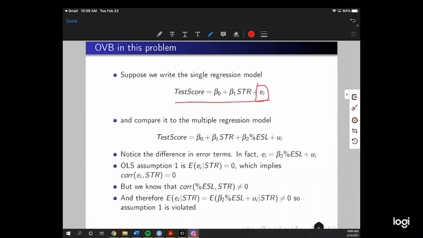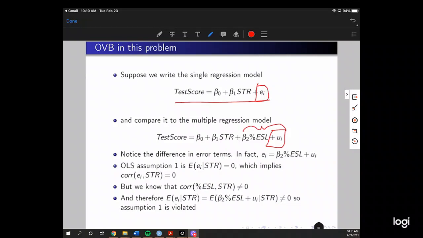And compare it to the multiple regression model. This is again the population multiple regression model, and now the error term is u_i. Notice the difference in error terms. In fact, e_i can be written as this entire thing here. Why? If we look at these two equations, they're identical up to plus beta 2 times percent ESL plus u_i.